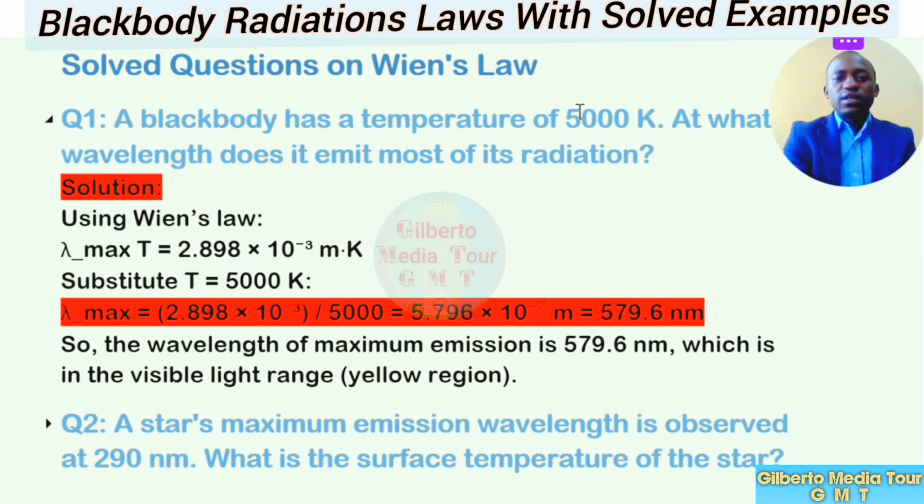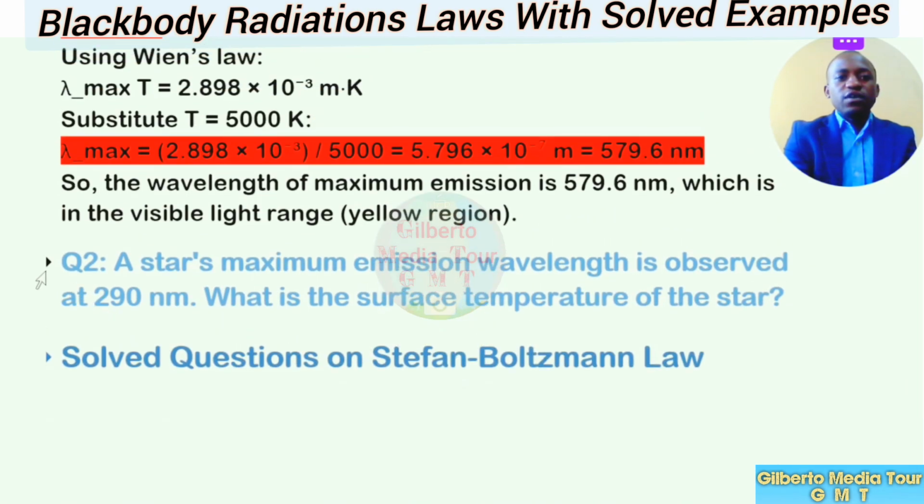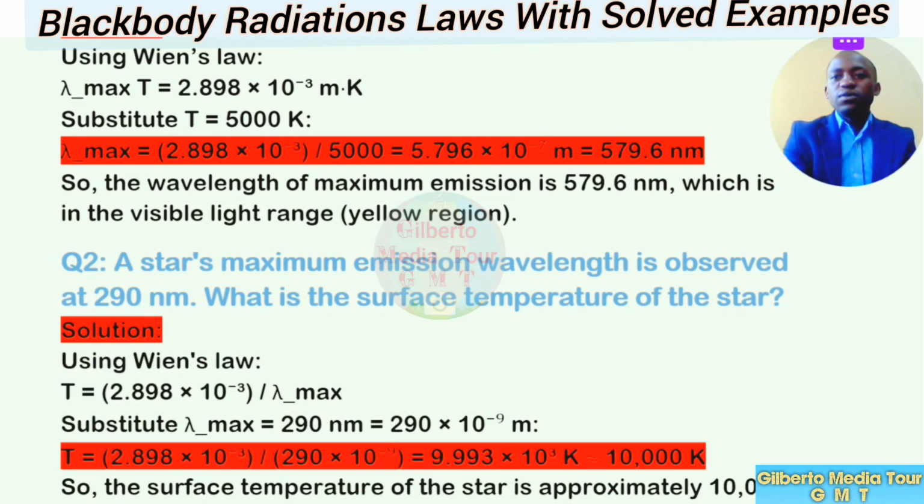Here we have the wavelength, which is unknown, and the temperature is known. We can apply the formula so that we can solve for the wavelength at maximum peak.